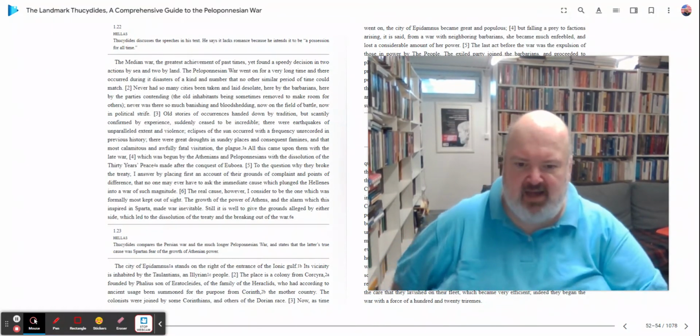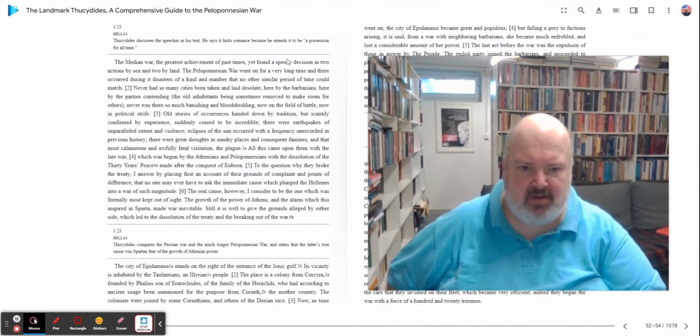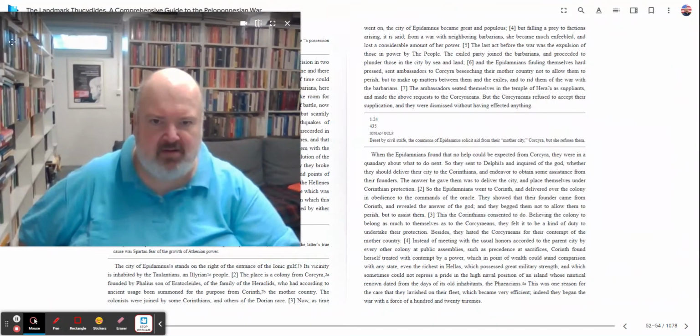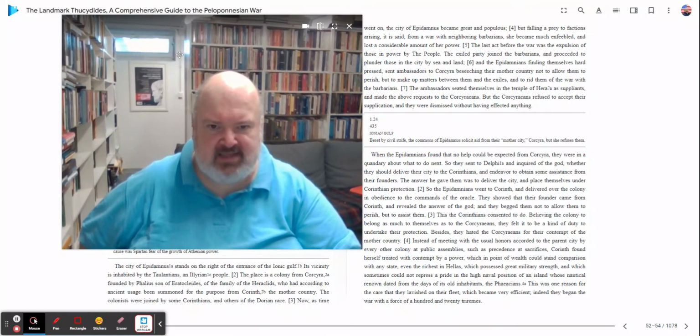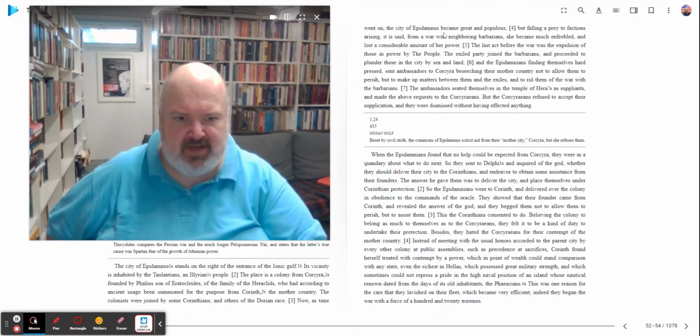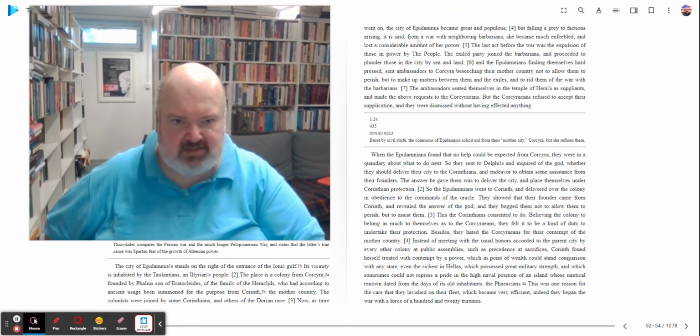Time went on, and the city of Epidamnus became great and populous, but falling a prey to factions arising in it, and to a war with neighboring barbarians, she became enfeebled and lost a considerable amount of her power.